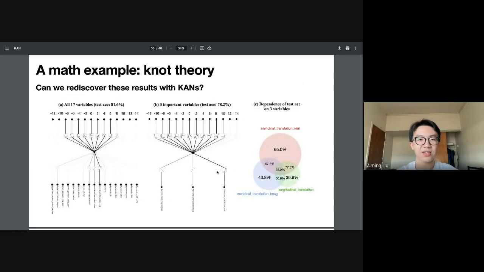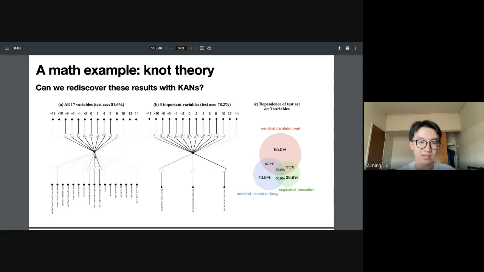The first thing is that, yes, we can indeed rediscover their results with KANs. But what's surprising is that our KANs only need one hidden layer and one hidden neuron. We achieve comparable accuracy or even slightly better than their results with 5-layer, 300-width MLPs. So at least for this task, you don't need a very complicated architecture.